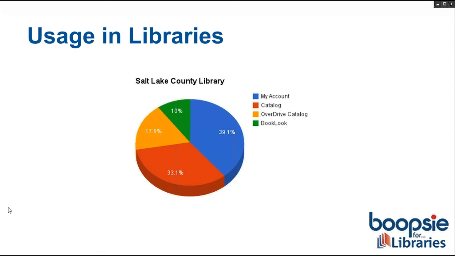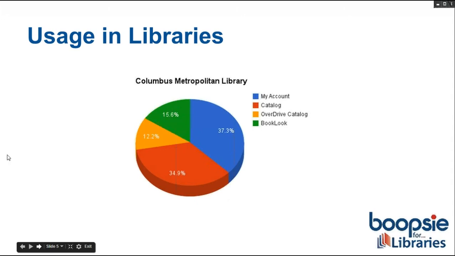Salt Lake County Library had pretty similar numbers. About 10% of their mobile app users used BookLook through 2013, and they had quite a few users throughout the year. Columbus Metropolitan Library, another really large library about the size of Seattle numbers-wise, had really tremendous usage.